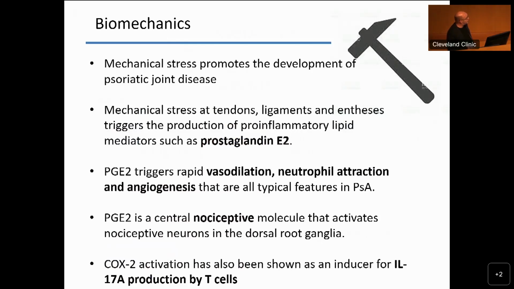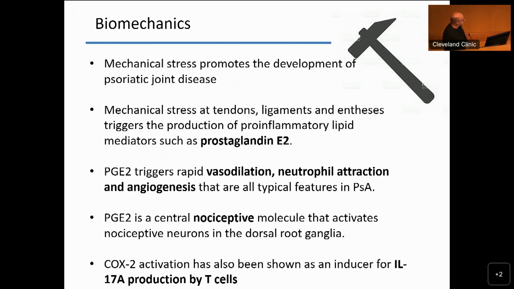And there is a lot of importance for that in psoriatic arthritis, because we know that, for instance, trauma is actually an important precipitator for the transition from psoriasis to psoriatic arthritis. We know that mechanical stress at the tendons and ligaments and entheses triggers the production of prostaglandin E2, which is an important pro-inflammatory mediator, which leads to vasodilation, but also is an important pain mediator, as shown here.